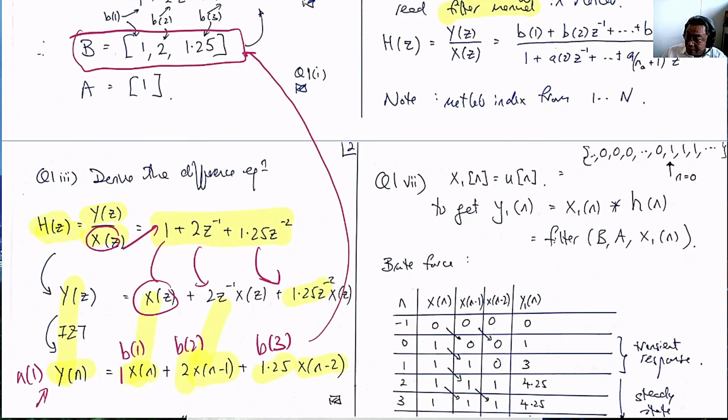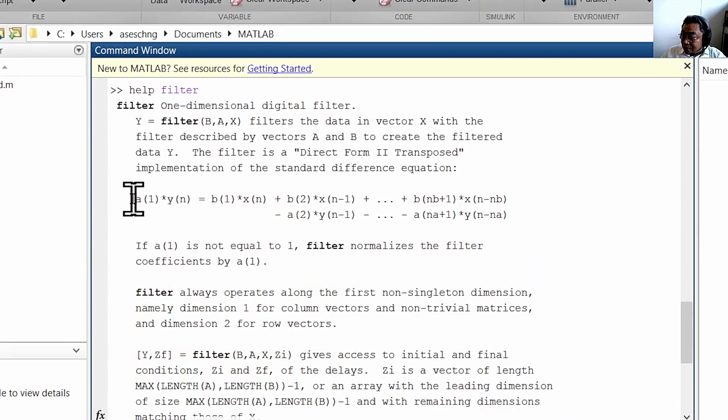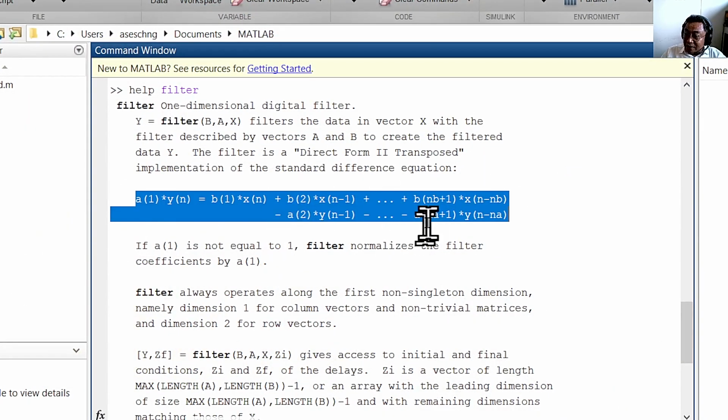And what about A? We have A1 over here, and there's only A1 because there is no other feedback. So the A coefficients have only 1 entry, and this is A1. So now let's again look at MATLAB's difference equation. This is MATLAB's difference equation, and the equations of B's and A's are from this expression here. Thank you.